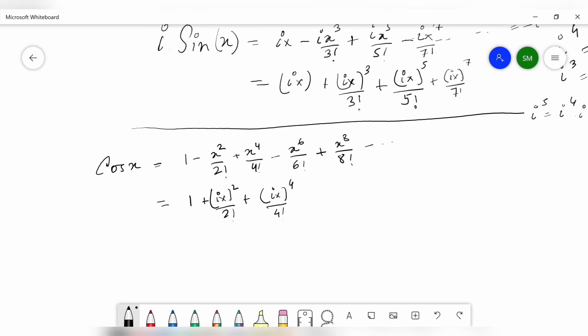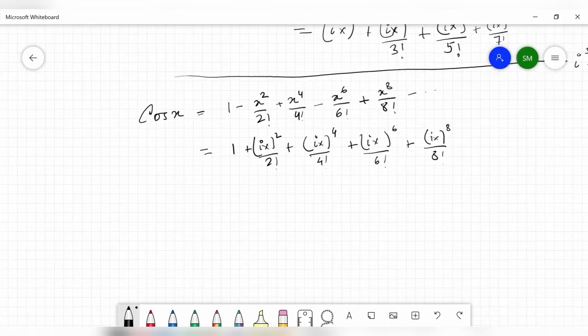This is again self-explanatory, as I just showed you, i to the power 4 equals plus 1. And similarly, I can write (ix) to the power 6 divided by 6 factorial, and so on and so forth, right? So it would be again plus (ix) to the power 8 divided by 8 factorial.